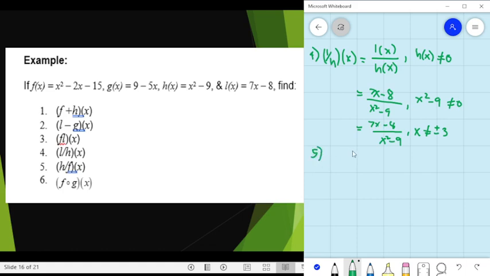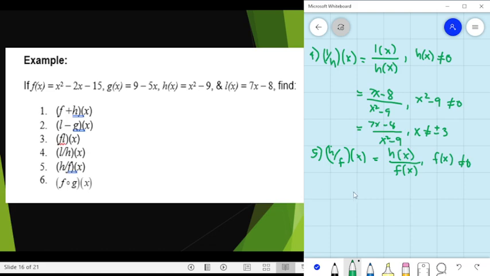Okay, what about number 5? Number 5 is h over f, right? So I have h over f of x. And this is similar to dividing h of x over f of x, such that f of x must not be equal to 0.